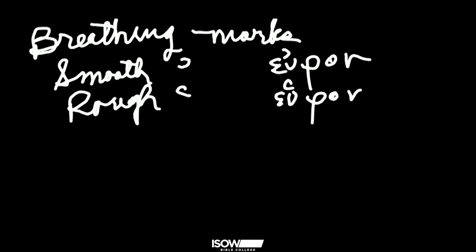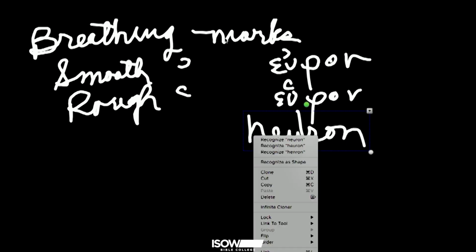So the way this word would be transliterated is huron. Dividing the word into two syllables, the rough breathing indicates that we should put an H sound before it. See, there is no letter in the Greek for just the H.